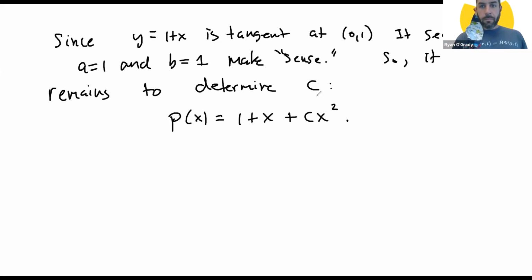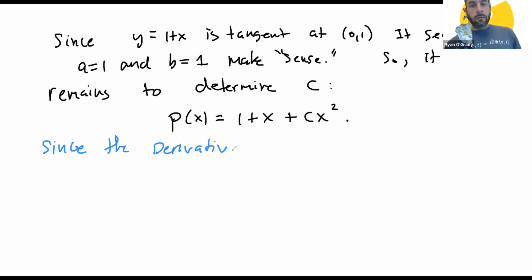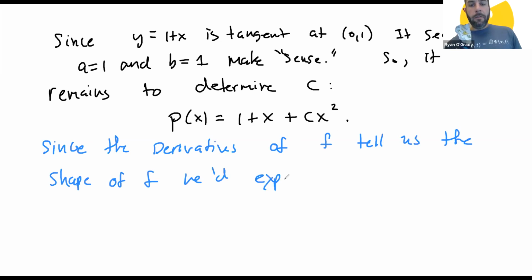So since the derivatives of f tell us the shape of f, we'd expect P and f to match, so to speak.